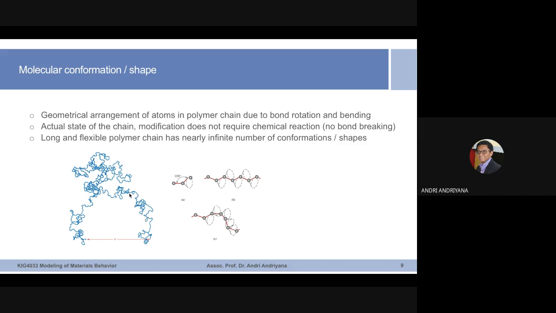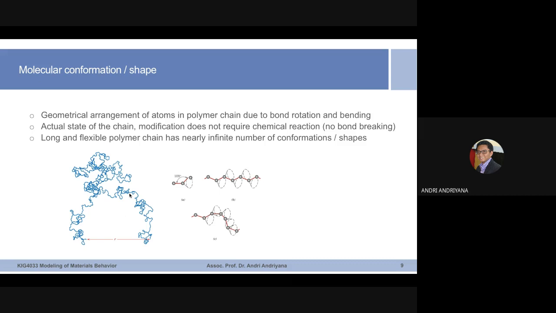So this shape is called conformations. Conformation is basically a shape: how a single chain or polymeric chains have a shape. Of course, in reality, because in a polymer you have a large number of polymeric chains, you cannot precisely define the shape of the polymer.